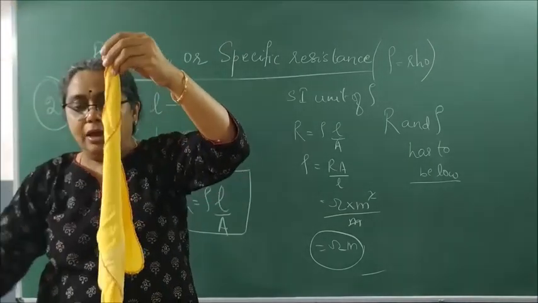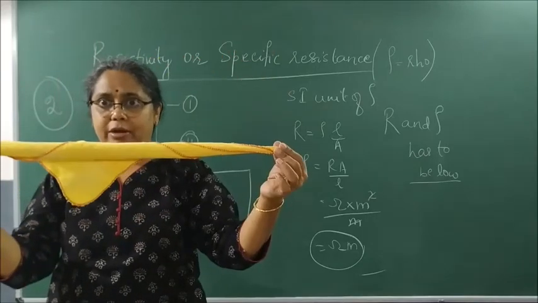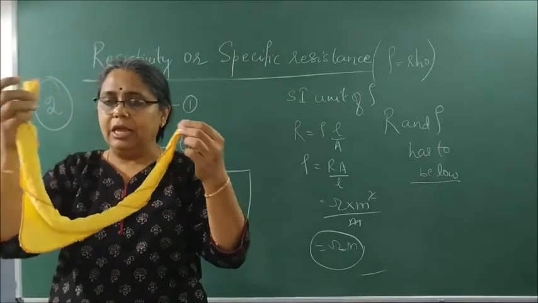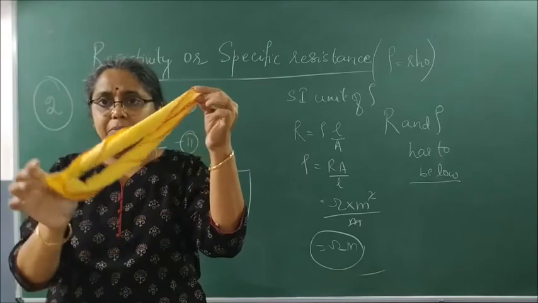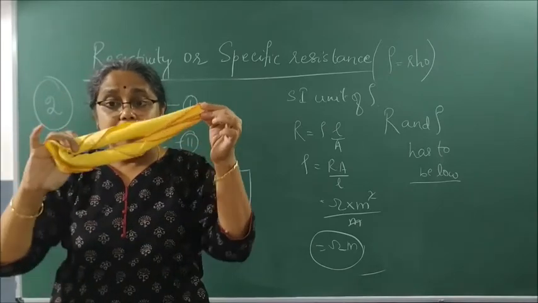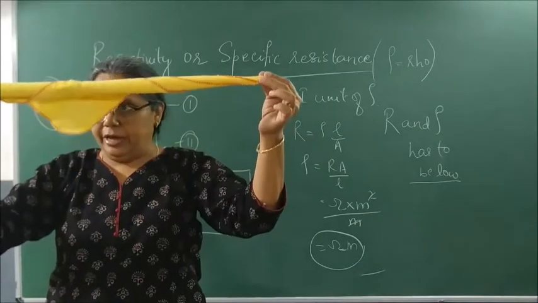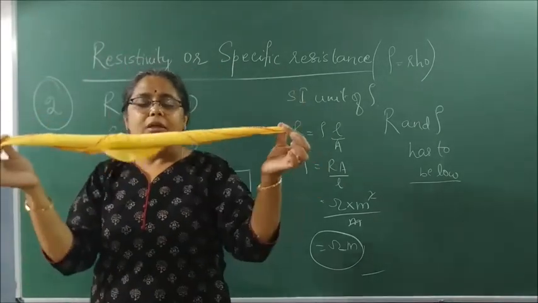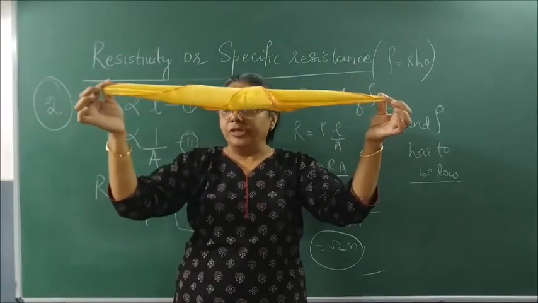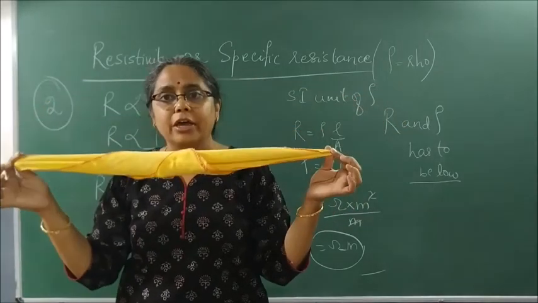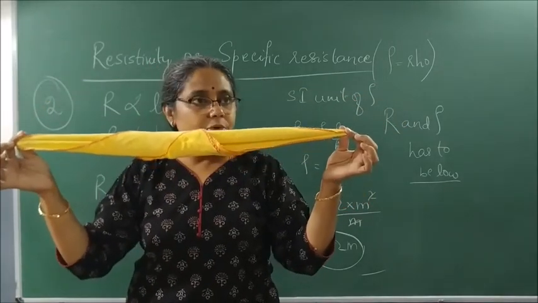If I fold the wire, the length will become half and the area will become double. If I fold a wire of resistance 5 ohms, calculate the new resistance.